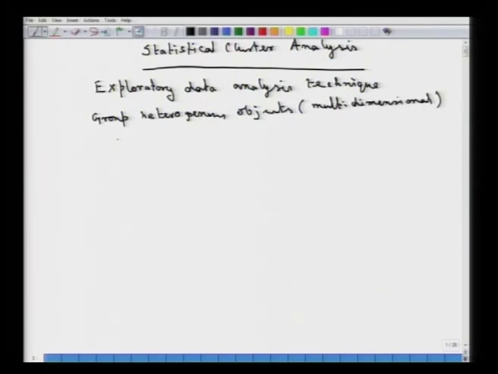These are multidimensional objects into homogeneous groups. So, that is the basic objective of statistical cluster analysis.